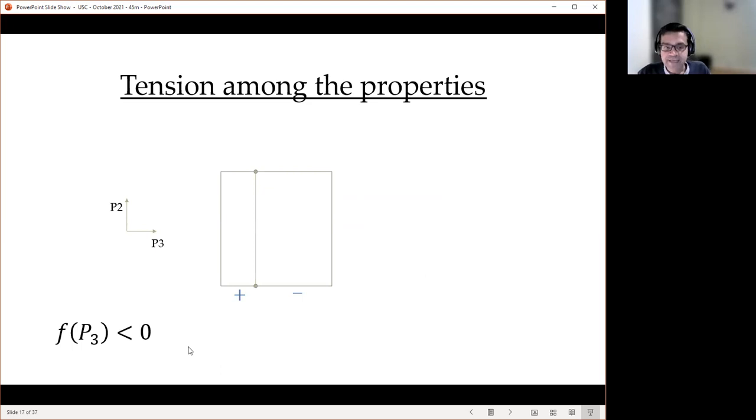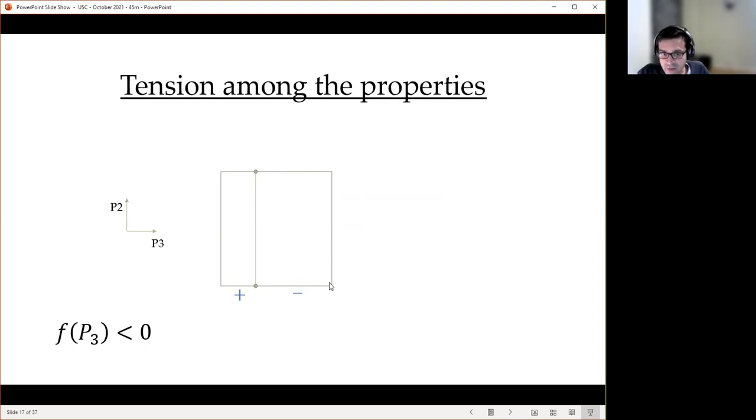So P3 is the unique minimizer. So P3 is sitting here, and the value of the function here must be strictly negative, because otherwise the empty set is also evaluating to 0. So when I start at the empty set and I take everything of P3, I ultimately get a negative number.